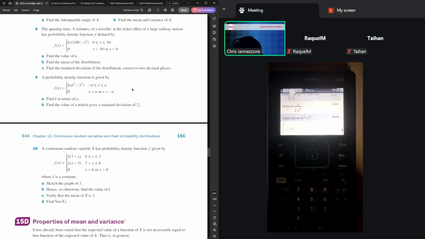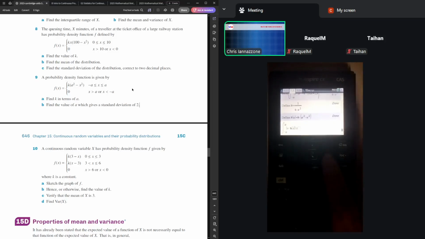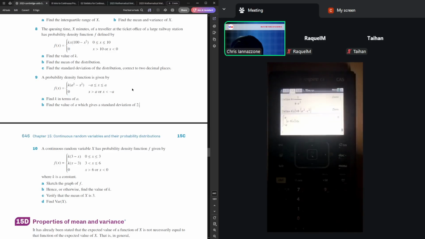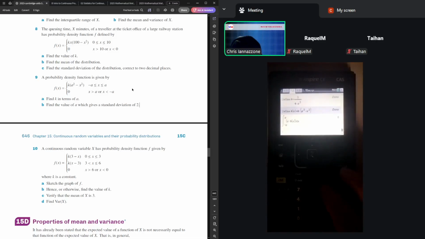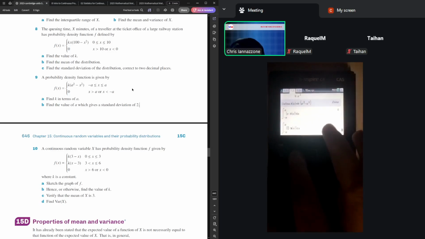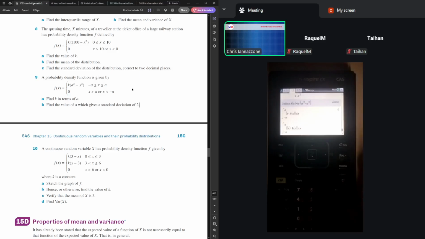This one is from negative a to a, x times f of x. And that will get us our mean of 0. That's kind of fun. Cool. That makes the next one easier, because when we go ahead and do x minus the mean, if the mean is 0, then, well, the mean is 0.